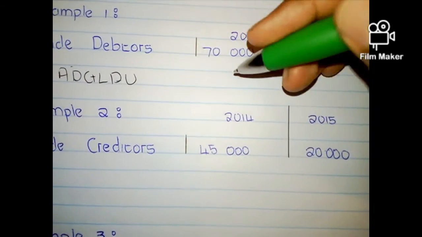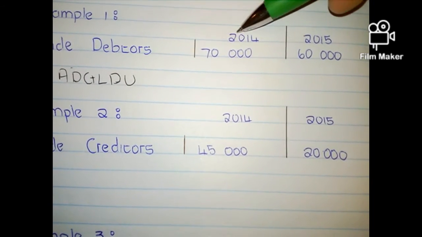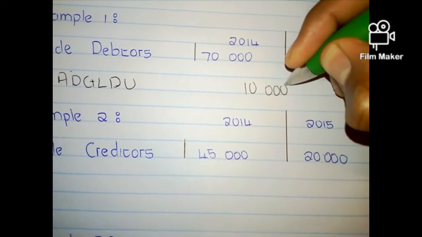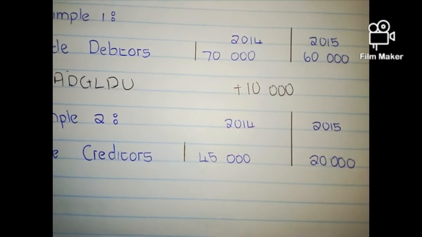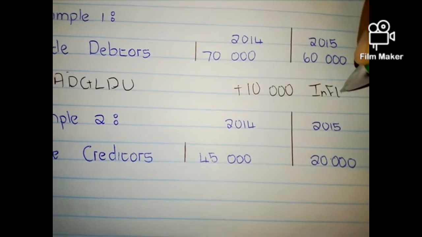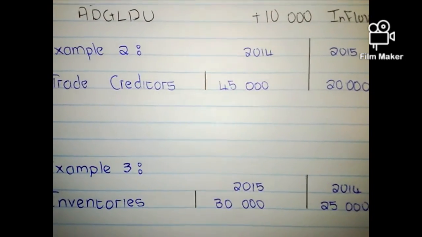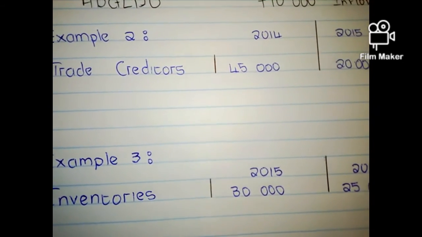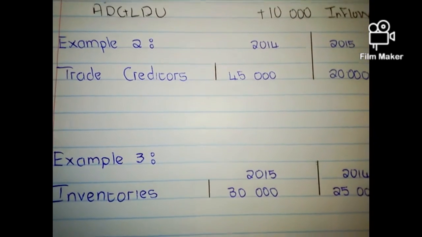As our assets in this instance decreased, we can clearly say that the difference between these two amounts, which is 10,000, is money the business is receiving, which holds a positive effect. You can say there's an inflow of money in the business.